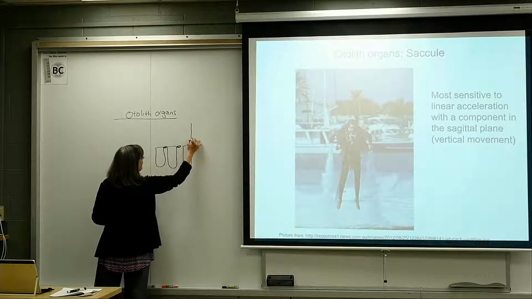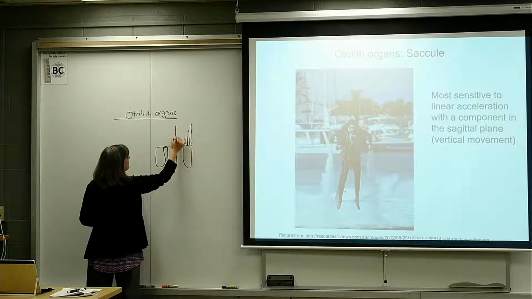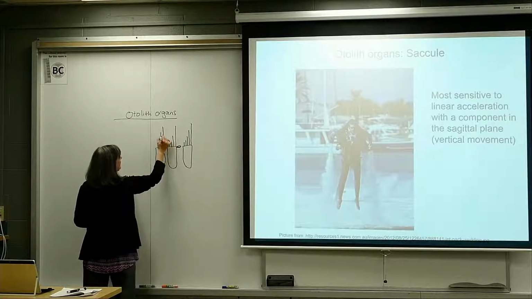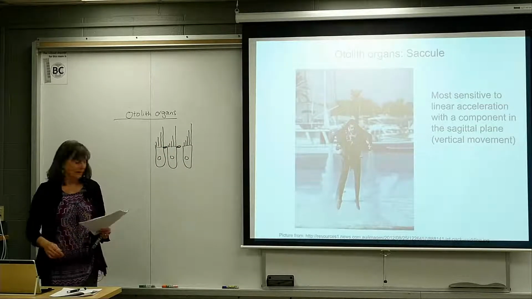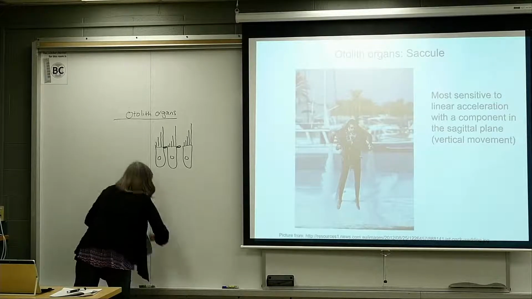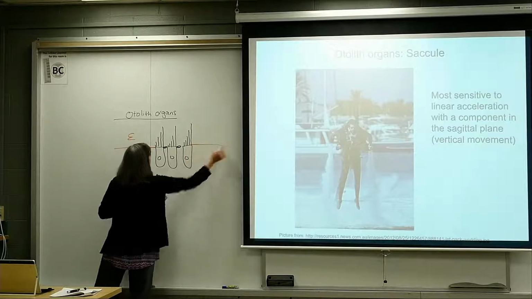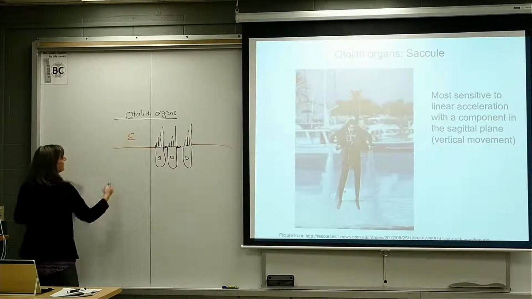Our hair cells have a hair bundle with this typical staircase-like arrangement of stereocilia, taller ones down to shorter ones. Just like in our semicircular canals, we have the apical parts being bathed by endolymph, and the basolateral parts being bathed by perilymph.